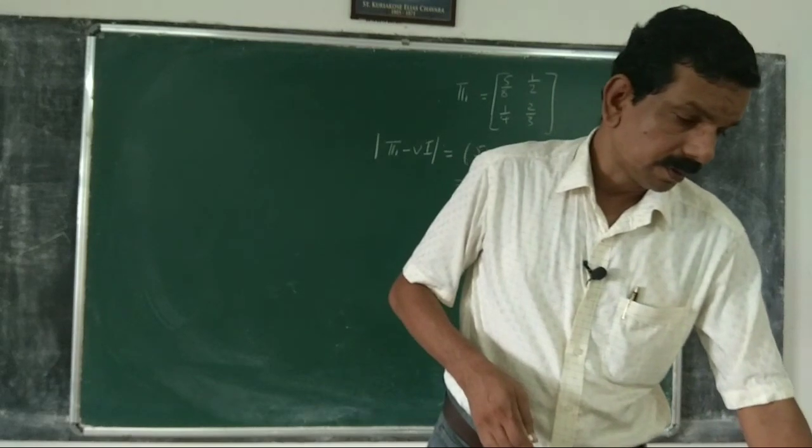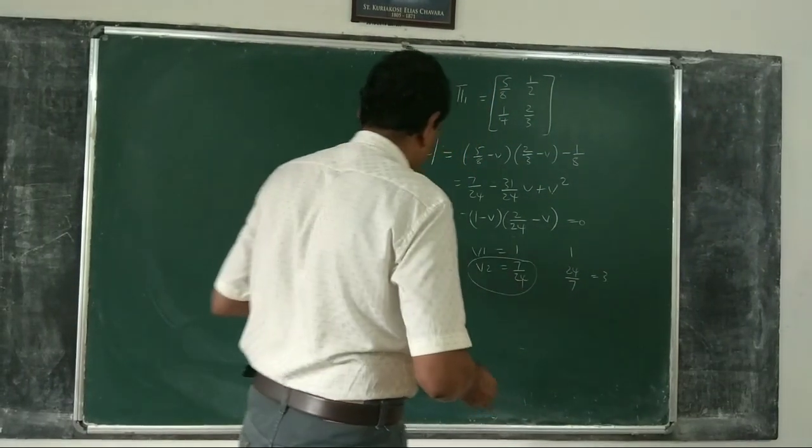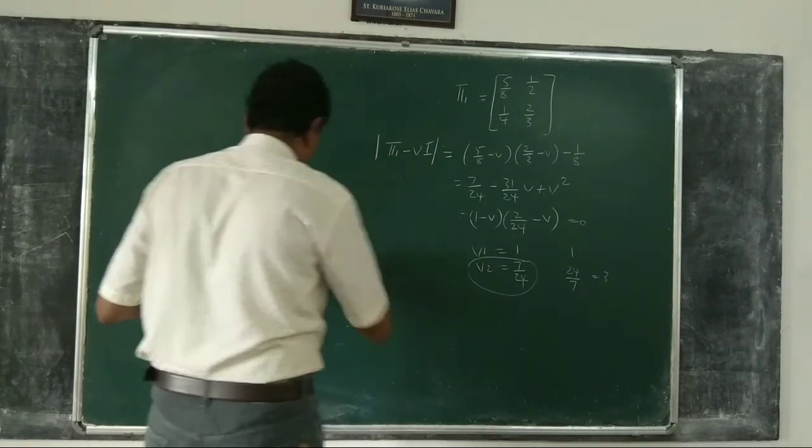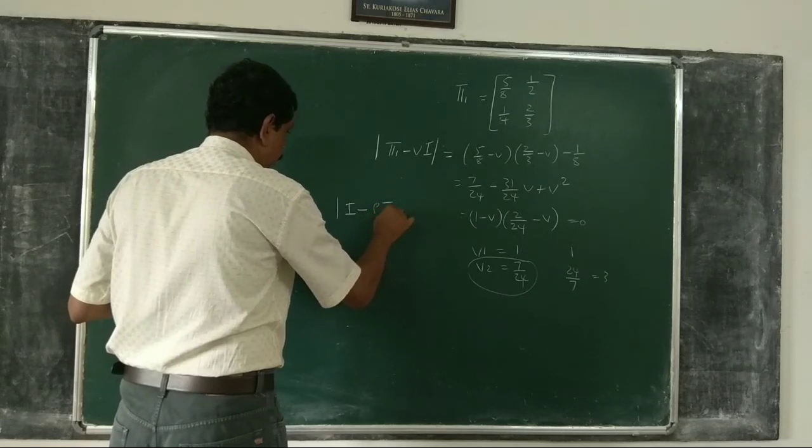Now, consider this also. The reverse characteristic polynomial was written as the determinant of I minus rho pi 1.